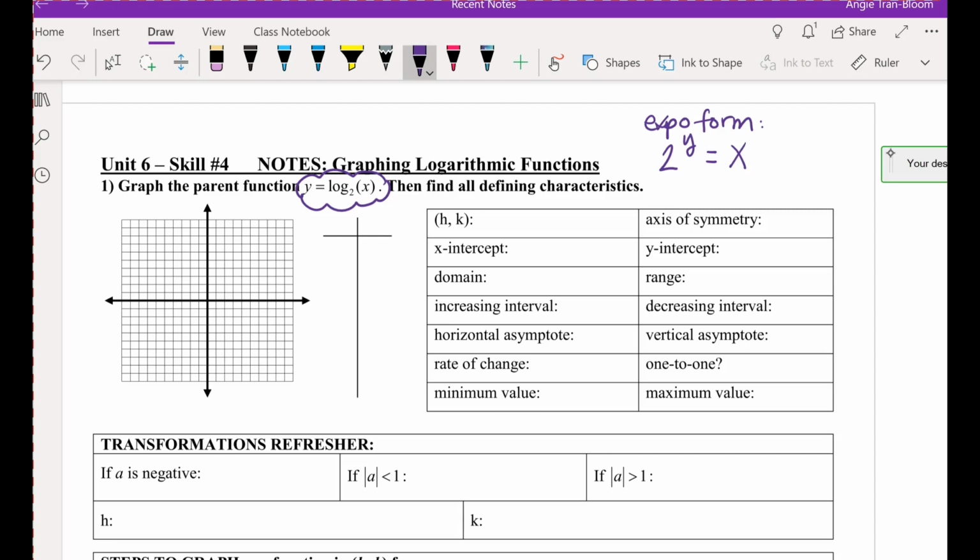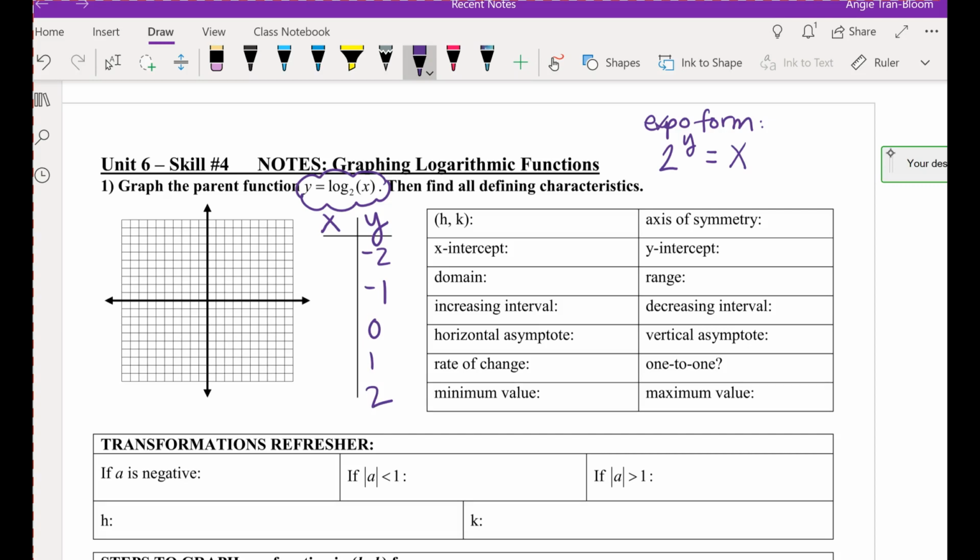The x depends on what you pick for y, so y is your independent. So when we make our table, do we pick values for x or for y? For y. We will start with -2, -1, 0, 1, and 2. Then we're going to plug it in.